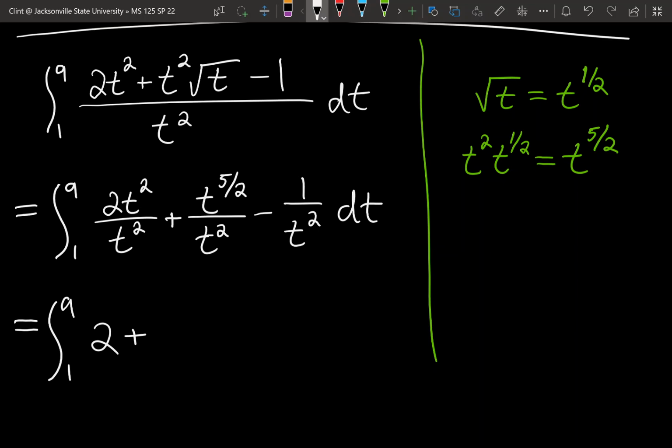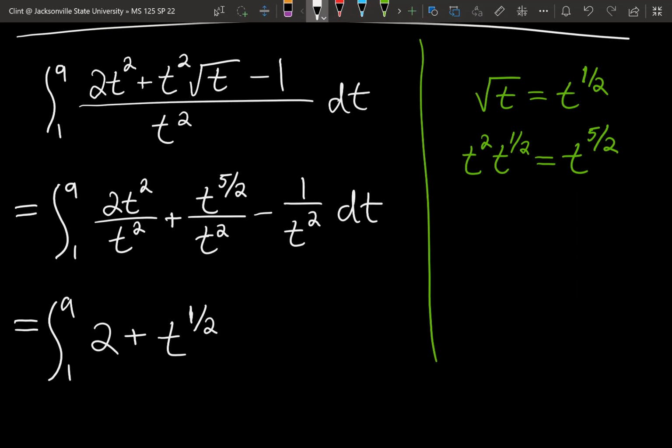We can combine them by doing what to the exponents? Subtract. Yeah, subtract. So we've got 5 over 2 minus 2. If you need to, use a calculator. That's okay. 5 over 2 minus 4 over 2, so we get t to the 1/2. So that simplifies out. But just be careful with the sign there.